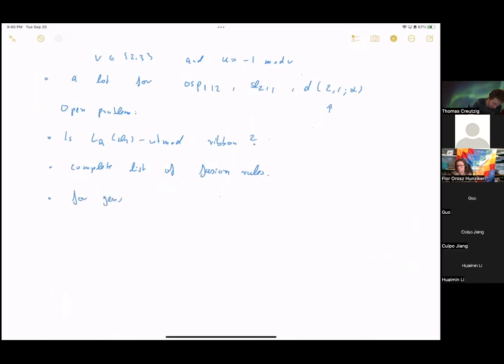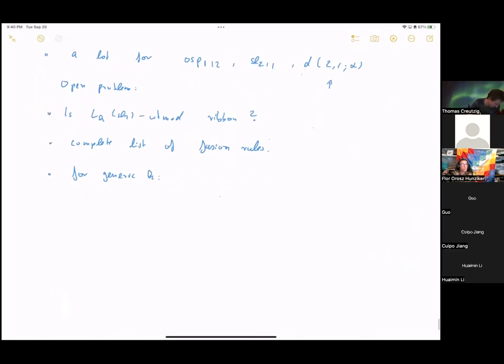And for generic K, everything I've presented about the existence of vertex tensor categories and C1 cofiniteness didn't use admissible, and that's somehow kind of striking.